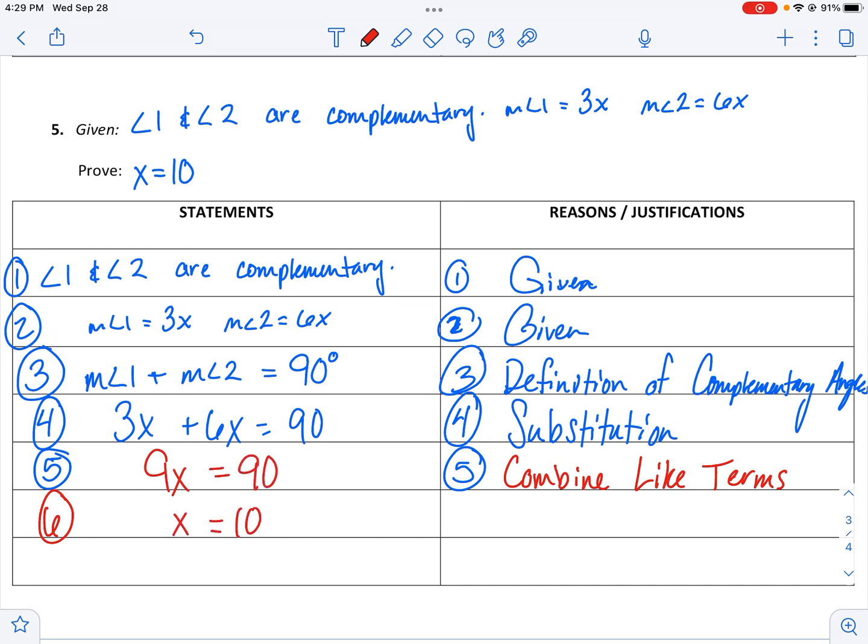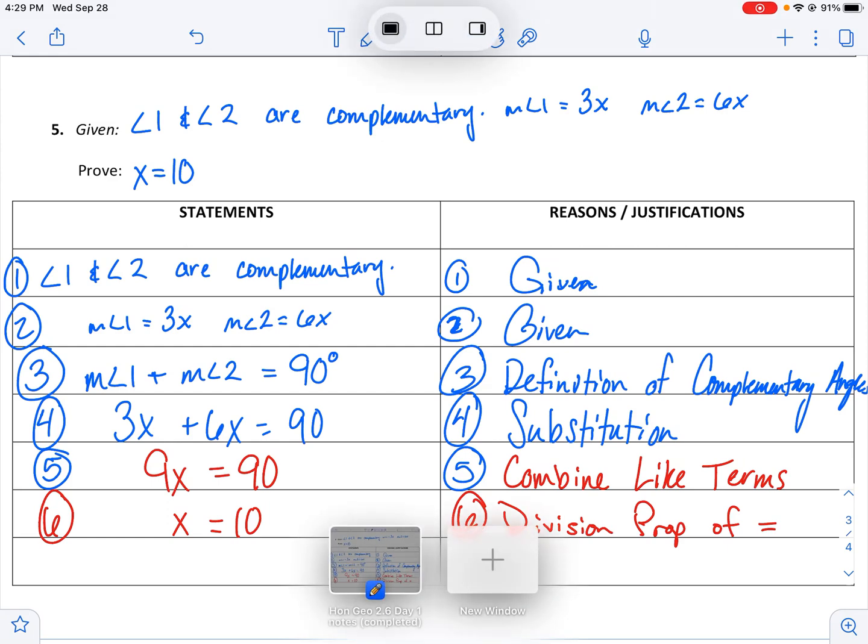And finally, x would be 10 by the division property of equality.